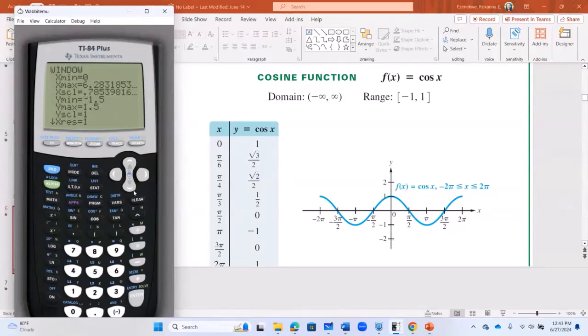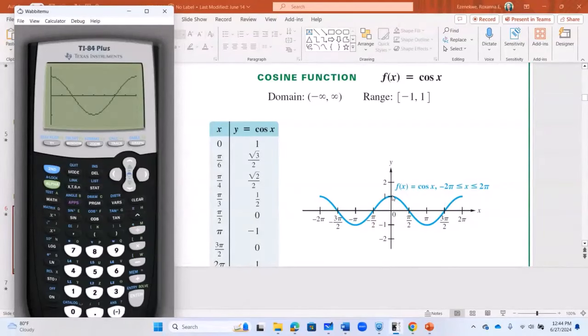Okay, this time let's graph the cosine curve in our calculator, only 1 cycle. So I just want to see 1 cycle of the cosine curve. Looking at what the book drew for us, it is from this point to that.